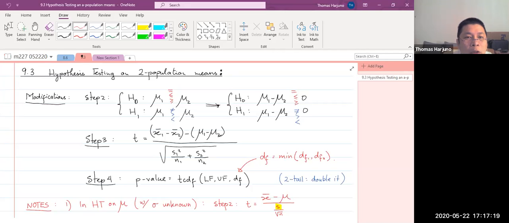So let's say we want to find out: is the income of households in zip code 91754 less than the income of households in zip code 91755, for example. Okay, so we have two populations.